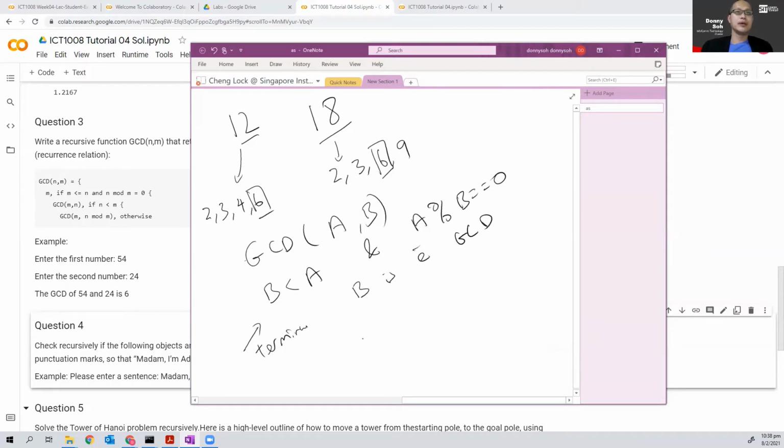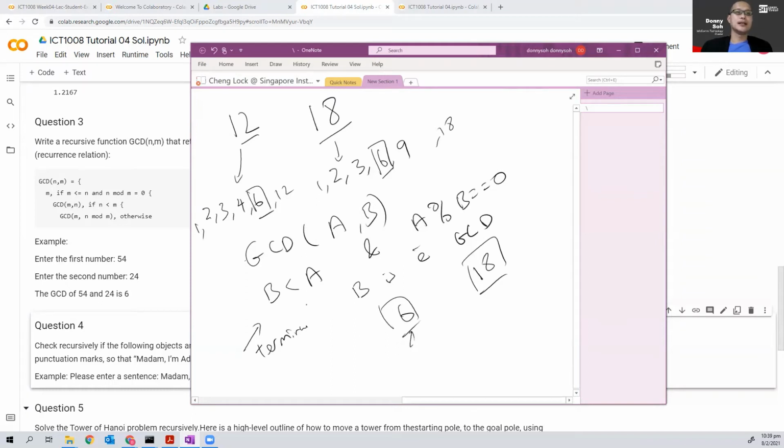For example, if I have the numbers 6 and 18, the GCD of these two numbers will be 6. Why?